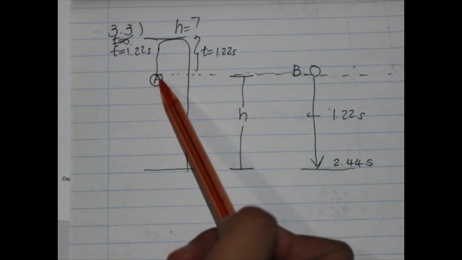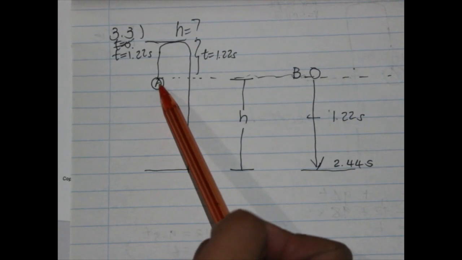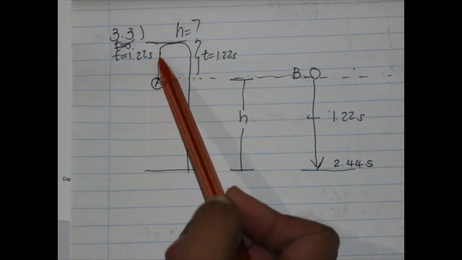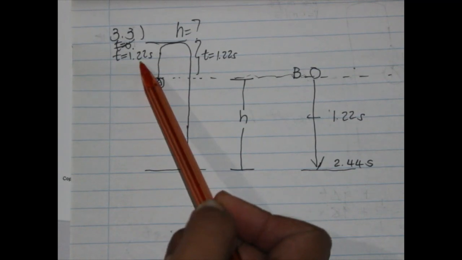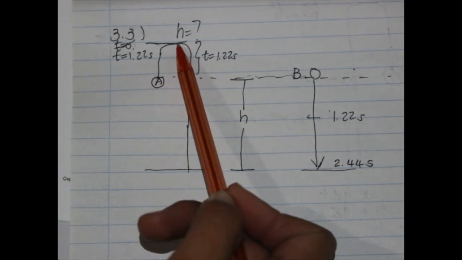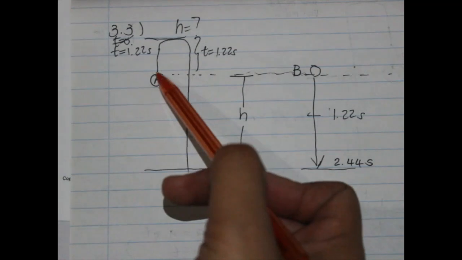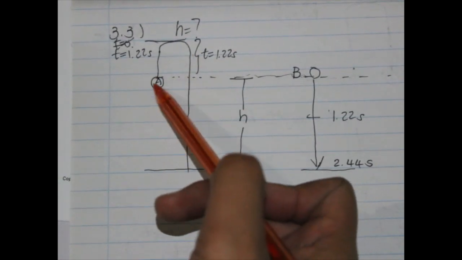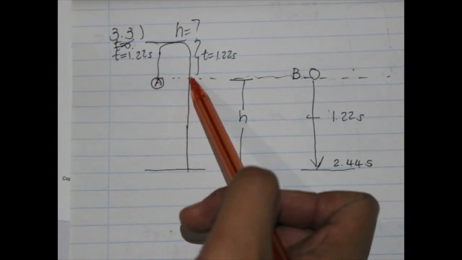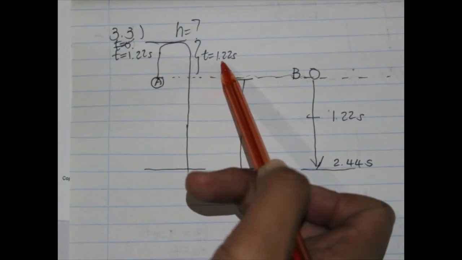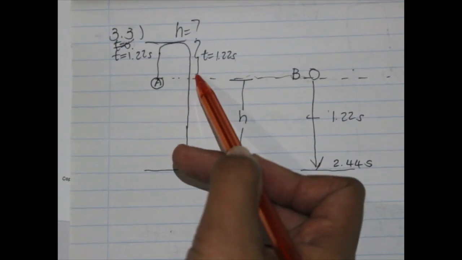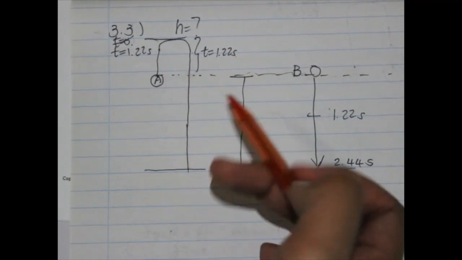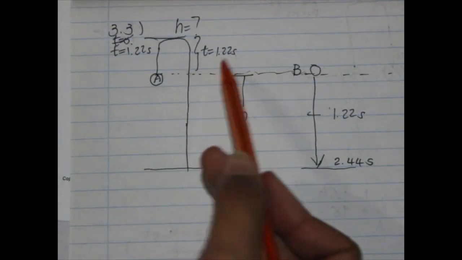As you can see, we have calculated that when A reaches its maximum position, it took 1.22 seconds to reach that position. And for it to get back and reach its initial position, it has to take another 1.22 seconds. That is just logic. So we just derived that. There is no equation for that, don't worry.